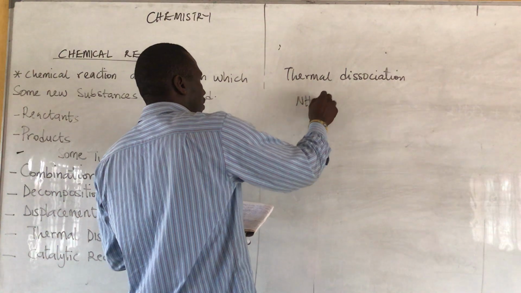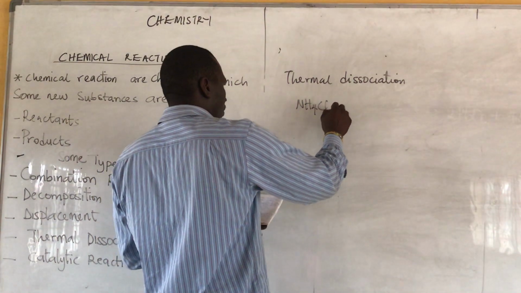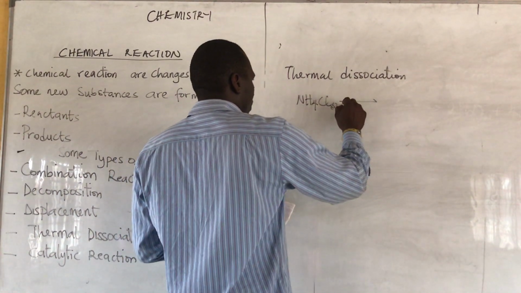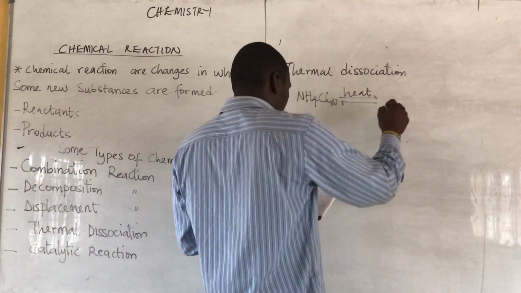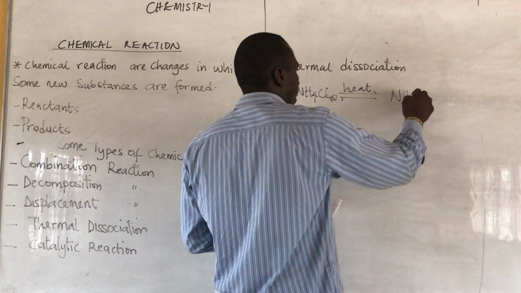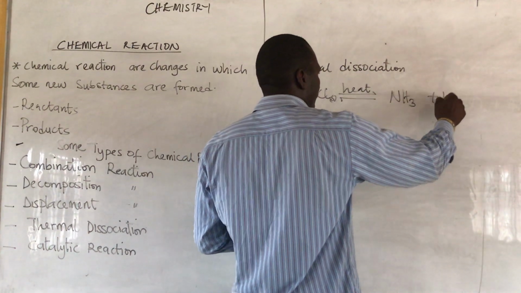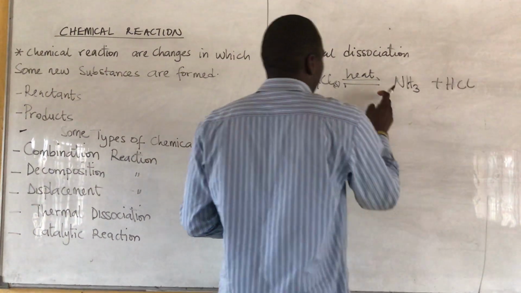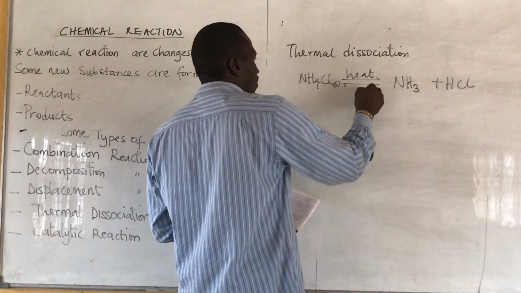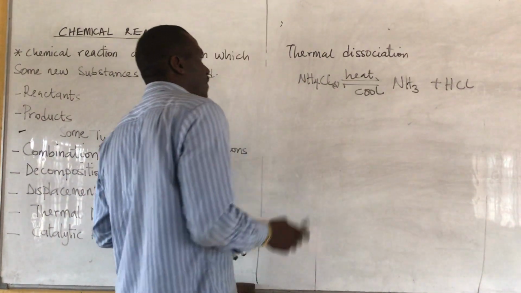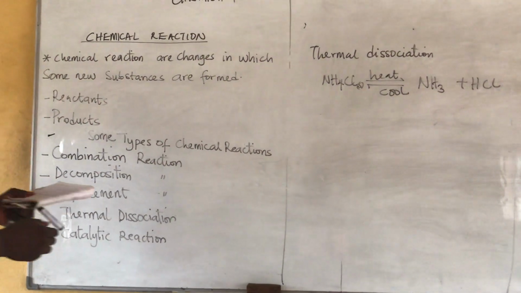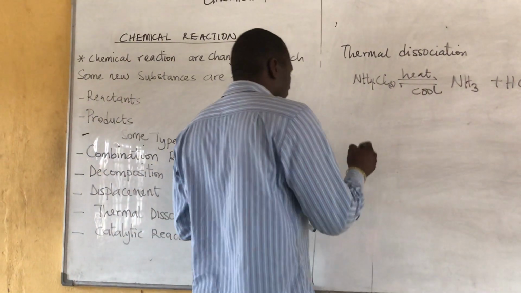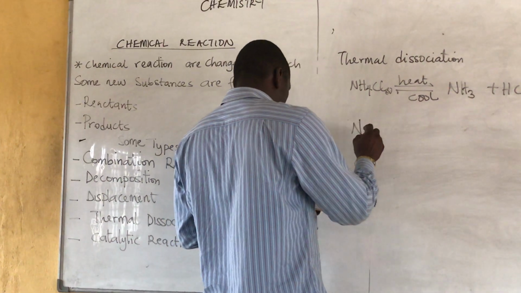Application of heat to ammonium chloride. When you heat it up, it gives you ammonia plus hydrogen chloride. This is a reversible reaction, which means if you cool it back, you have your ammonium chloride back. We also have dioxonitrogen 4.